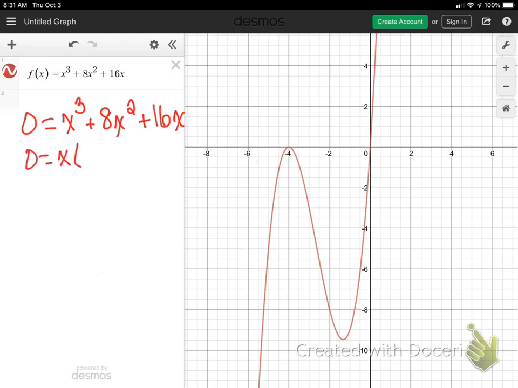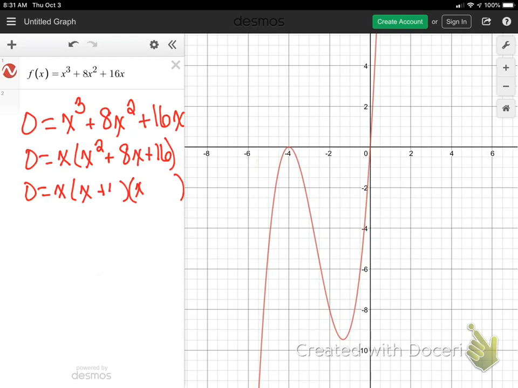So I have an x, and then I've got x squared plus 8x plus 16. That is a trinomial that I know how to factor. And all the stuff that we work on this weekend will be factorable. What 2 numbers multiplied together give me 16 and added together give me 8? 4. Good. 4 and 4.